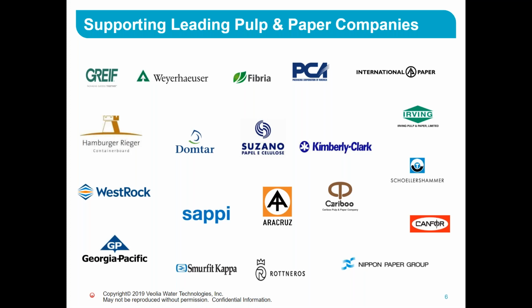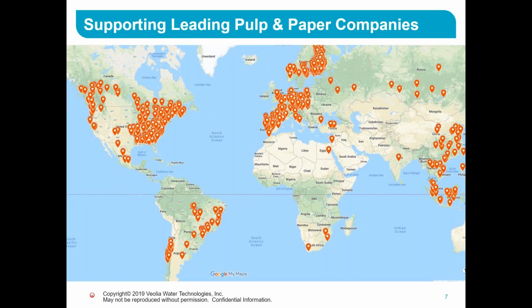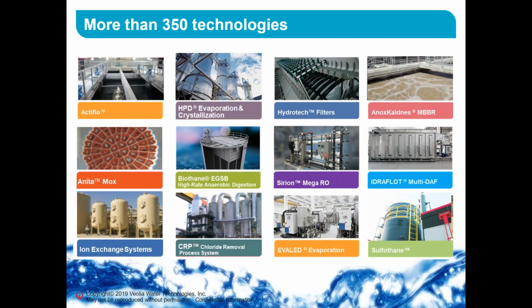Veolia has been involved in supporting leading pulp and paper companies around the world. Our resume includes partnerships with these companies for a variety of different applications. And globally, you could see that our reach as a corporation is quite far. We've expanded almost on every continent for providing pulp and paper technologies and projects as well.